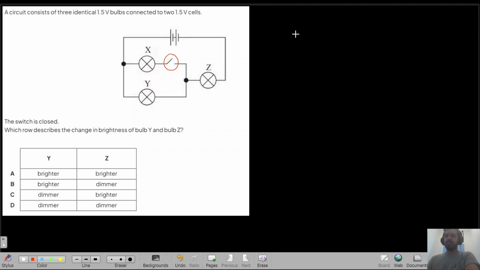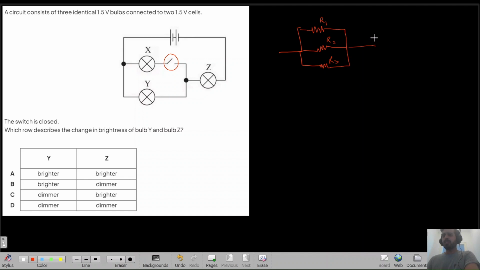The first thing that you should know about parallel circuits is that, let's say if I have three resistors, R1, R2, and R3, and they are in parallel. So let's say like this. Let's also name them R1, R2, R3.